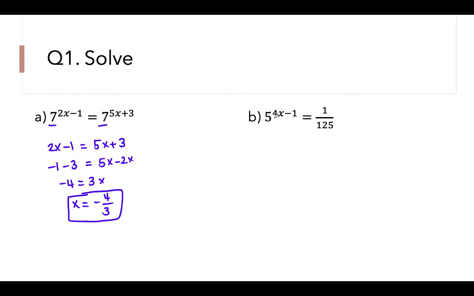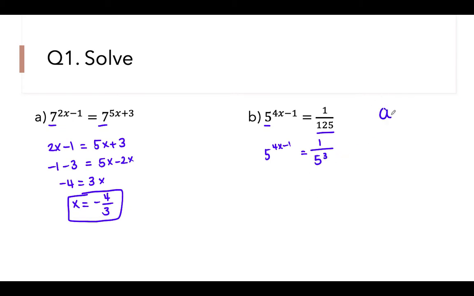Letter B. Now, you will notice that the base is not the same. We have 5 here as a base and 125. So what you can do is find the bigger number and see if you could equate it to the same base on the left side. First, 4x minus 1 equals, 125 is actually 5 to the 3.